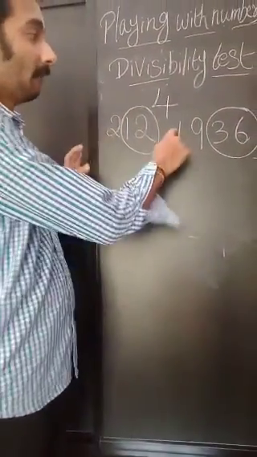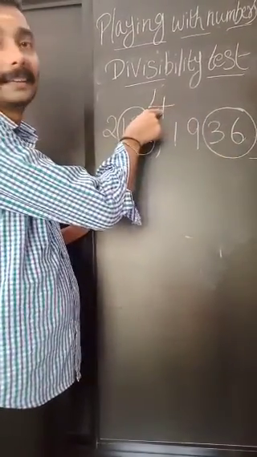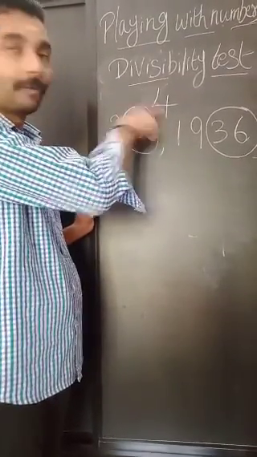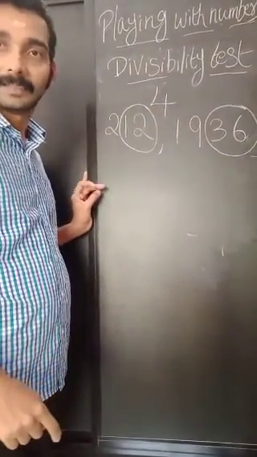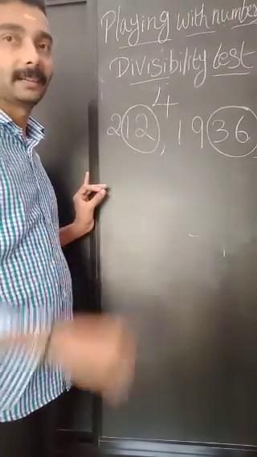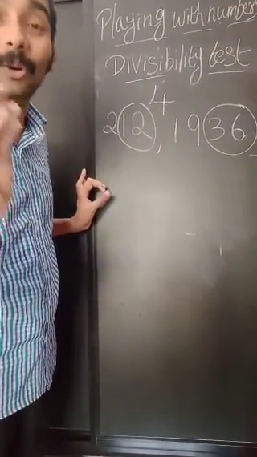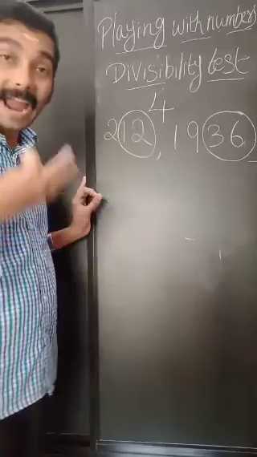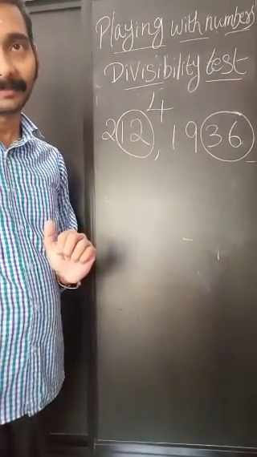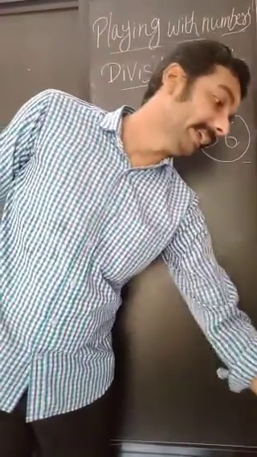That means 1936 is divisible by 4. Correct. This is the method of the divisibility rule or divisibility test. We identify whether it is divisible or not. Clear?